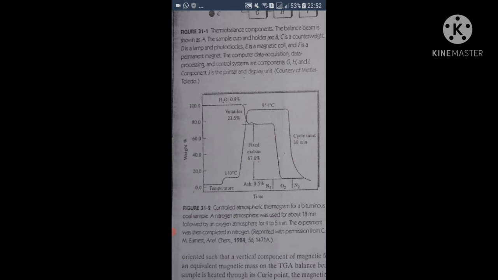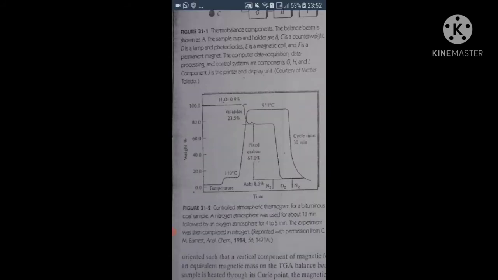Now in industries we perform tests on these coals. We check the moisture, the ash contents, and the sulfur. Leaving the sulfur, which is chemically bonded, in TGA we can perform three analyses of this bituminous coal.